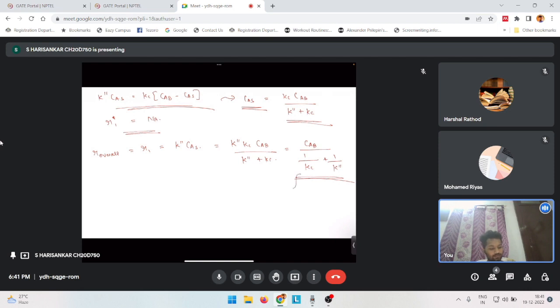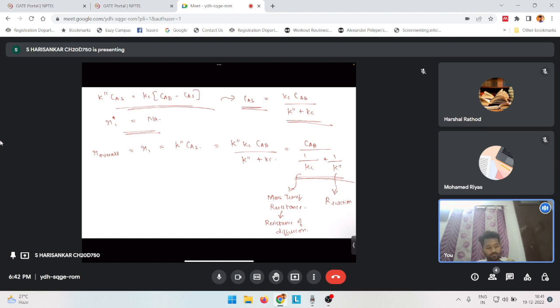Now this 1 by Kc is called mass transfer resistance, or basically the resistance of diffusion, and this is the resistance of reaction.